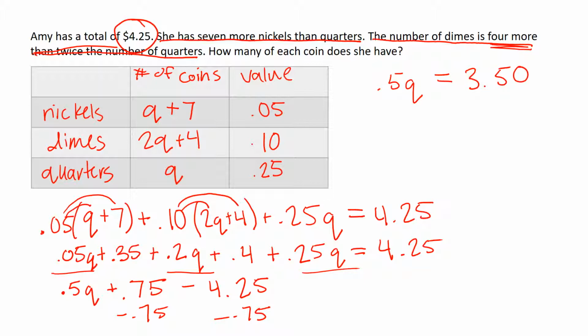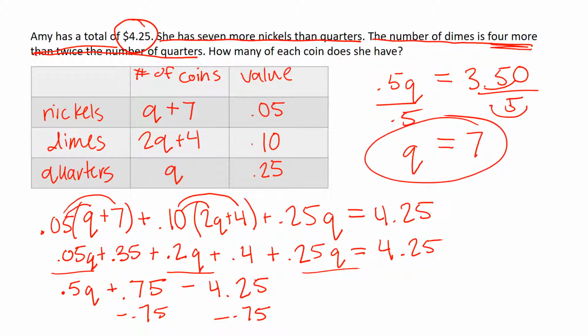Okay, now we divide by 0.5. And we get that Q is equal to 7, since 35 divided by 5 is 7. We can think of this as 35 divided by 5. Okay, we have the number of quarters.